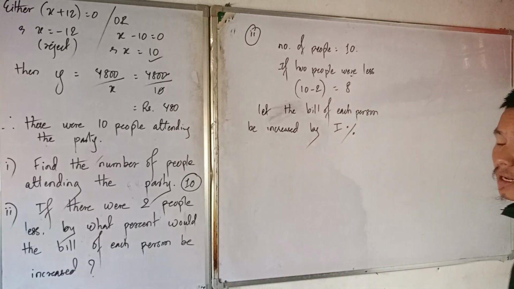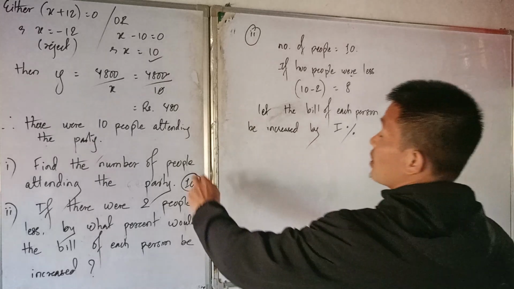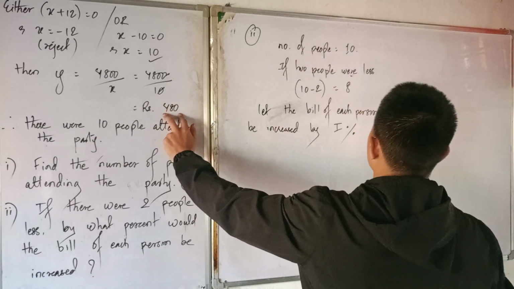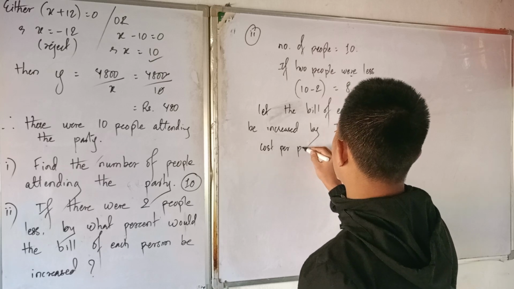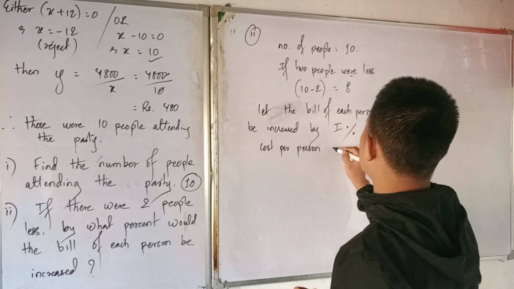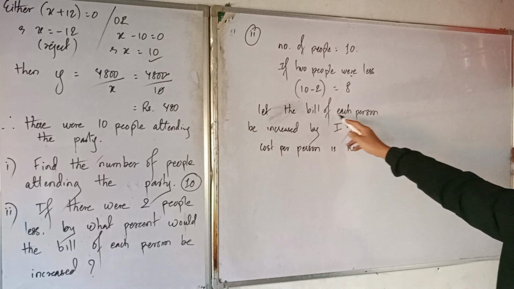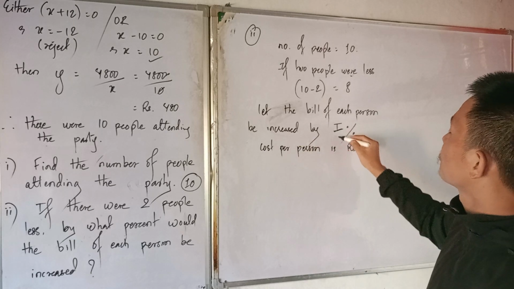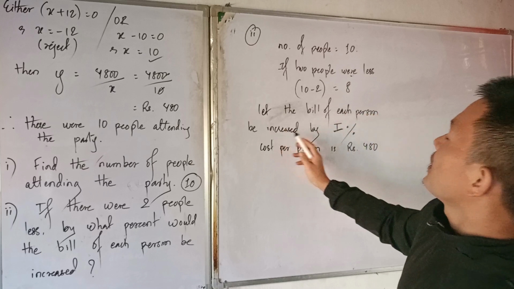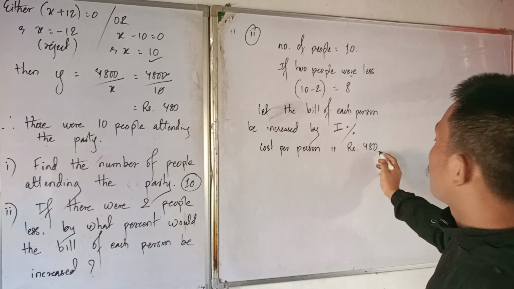We have done this kind of problems already. So now cost per person is rupees 480, but you have to increase each person by i%. Yes, i%. So let the bill of each person be increased by i%. Cost per person is rupees 480.